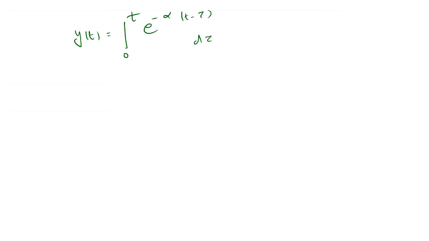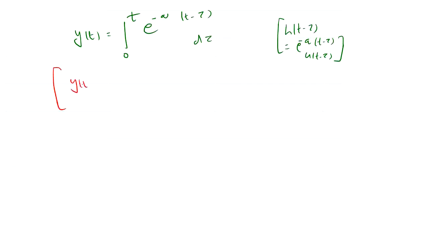Why? Because h(t minus tau) is equal to e raised to the power, sorry, it is a, not alpha. It is a, because h(t minus tau) is e raised to the power minus a(t minus tau) u(t minus tau). Let us explain how this integral comes.